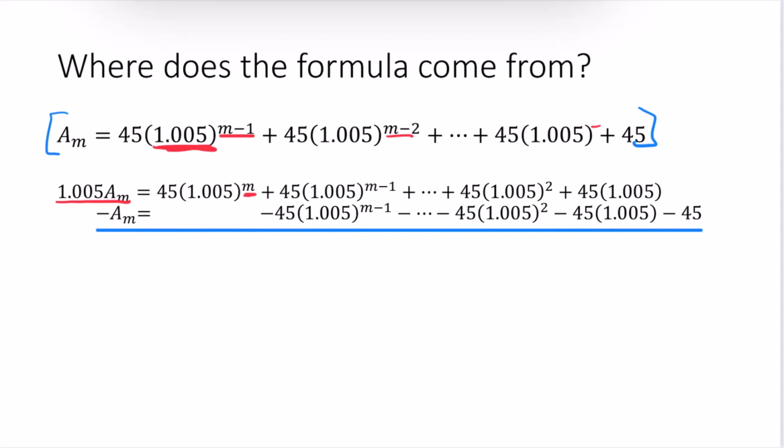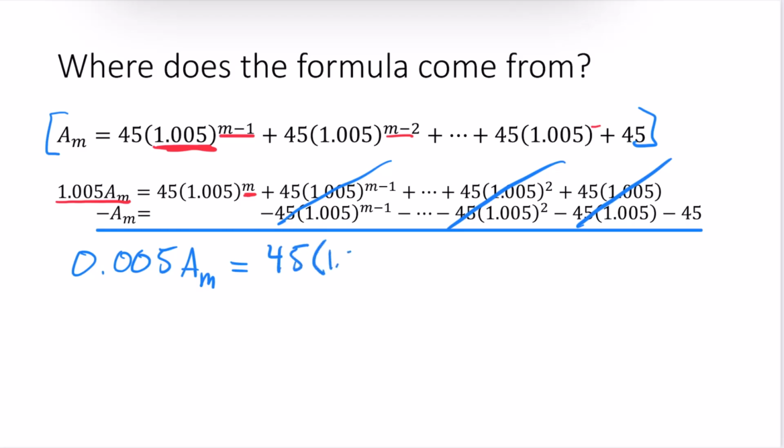And the reason why this is useful is because if we add these two equations together, almost everything in the equation ends up canceling out. And the only thing we're left with is 0.005 times that total monthly amount we have at the end of month m. And that's going to equal 45 times 1.005 raised to the m power minus 45, because all of the complicated terms in the middle all ended up canceling each other out when we added these two equations together.